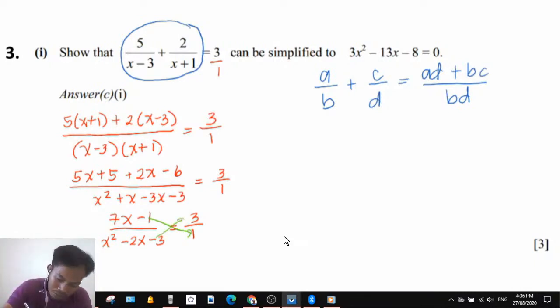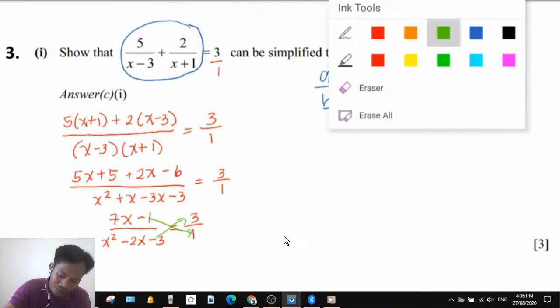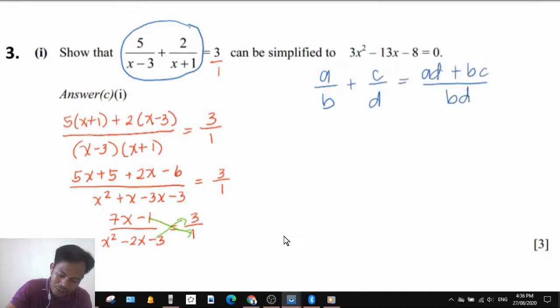Okay? So it will now become 7x minus 1 times 1, which is 7x minus 1, is equal now to 3 bracket x squared minus 2x minus 3.